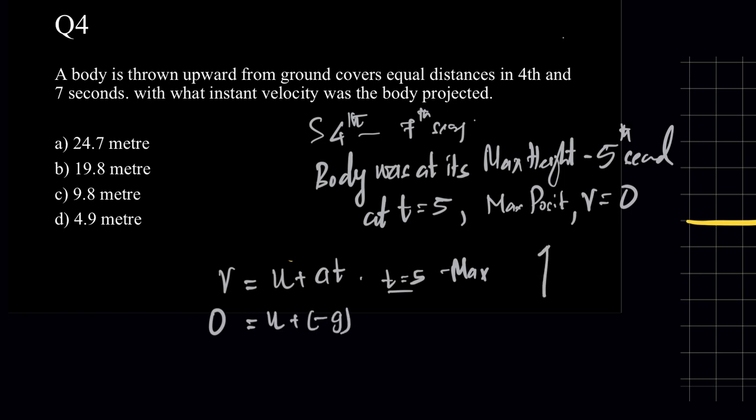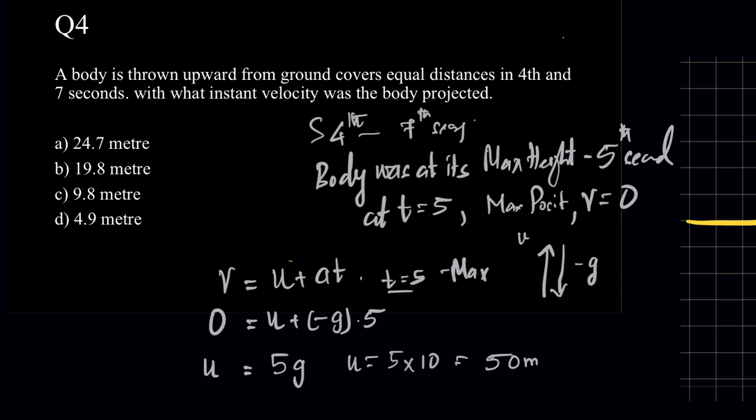Again, why? The body is projected upwards with velocity u, so acceleration due to gravity is minus g. Time is not given, but we have found it as 5 seconds. So we can say that u is equal to plus 5 into g. Therefore, u is equal to 5 into 10, which is 50 meter per second.